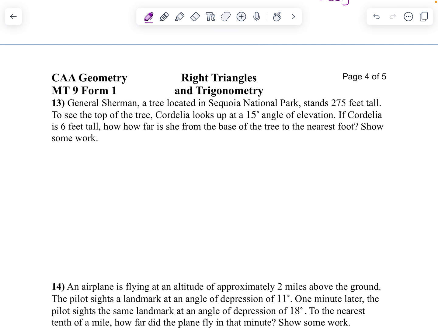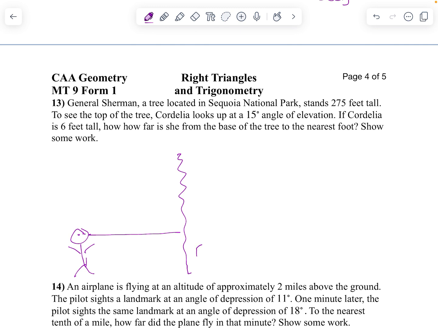So in other words, here's Cordy. Look at the great picture I have. And when she looks across to the tree, and here's my tree. I don't know what kind of tree that is, but that's my tree.